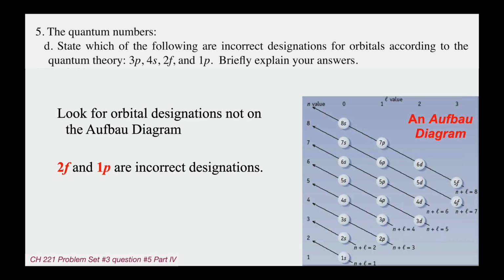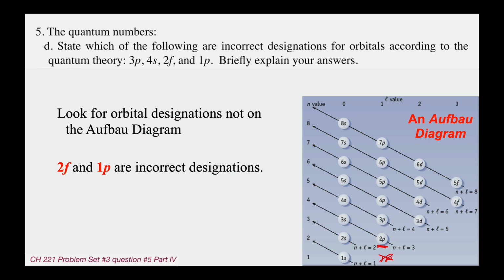A possibly easier way, though, is to use an Aufbau diagram. And here's the one that we used in lecture, but you can use any one you want. If you look at this diagram a little closer, you'll see that the first p orbital is the 2p. 1p would be right there, but it's not present, all right?